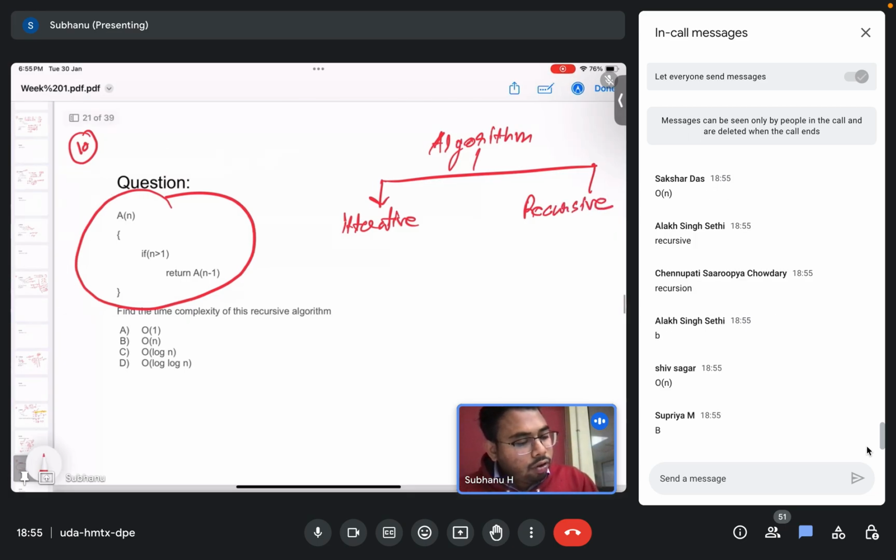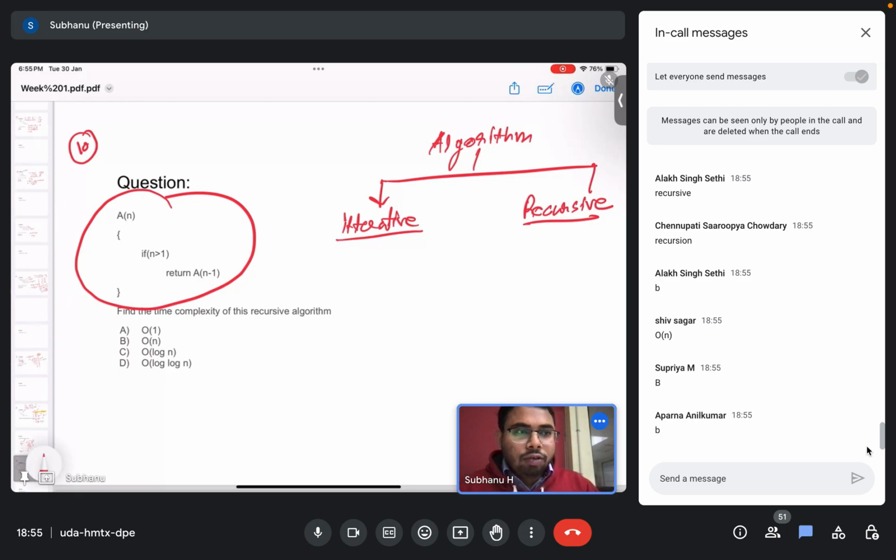We can find the time complexity of an iterative algorithm or a recursive algorithm. Time complexity is not about whether you will be able to finish your execution within that time only. The amount of time required to execute your program is basically proportional to the time complexity.